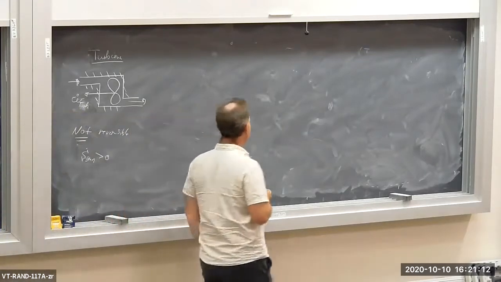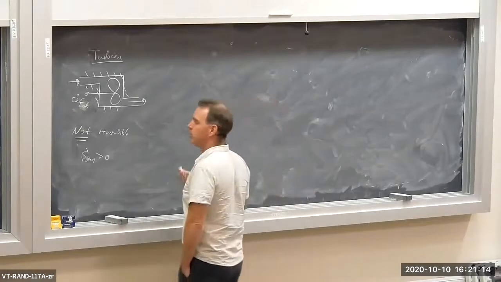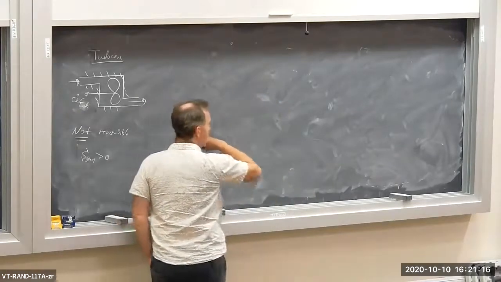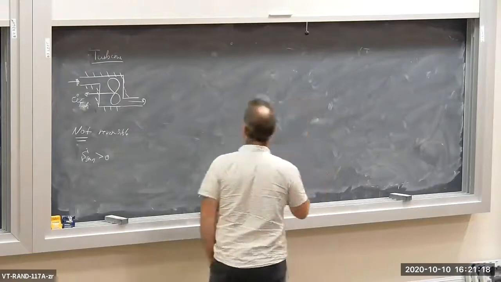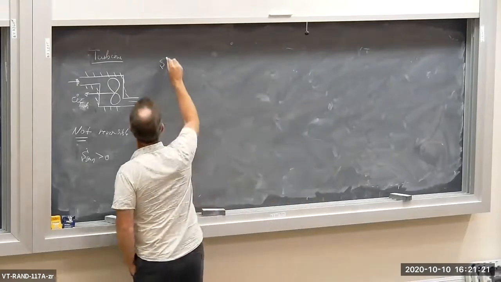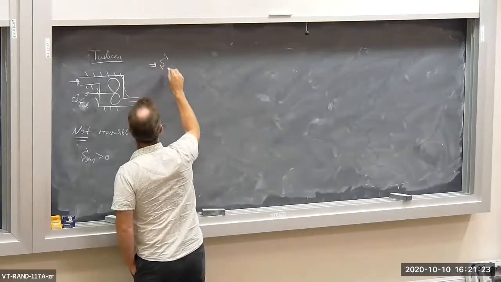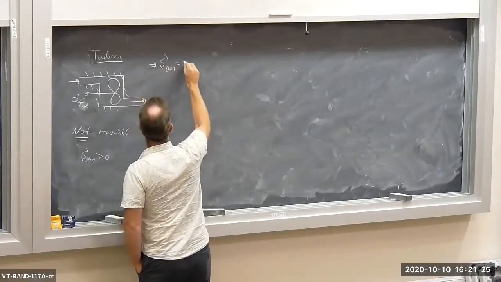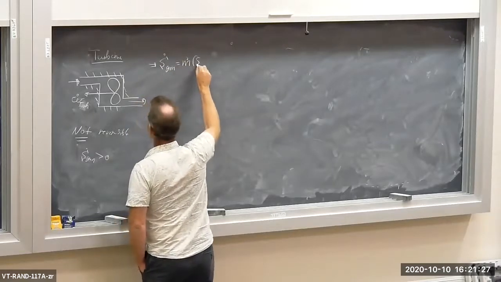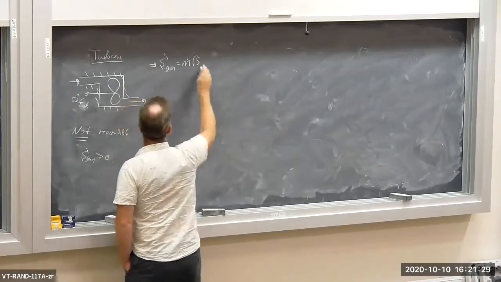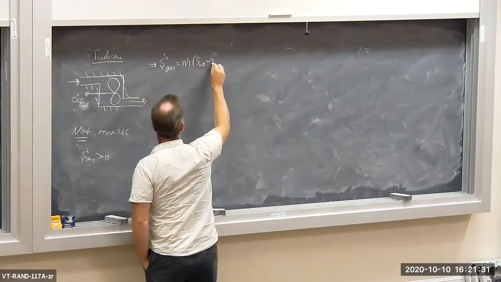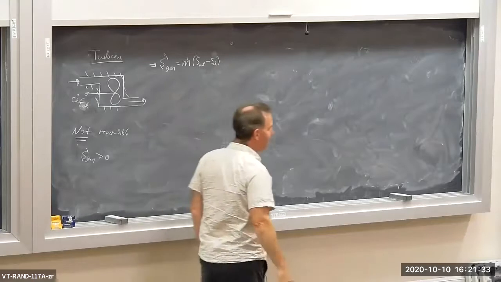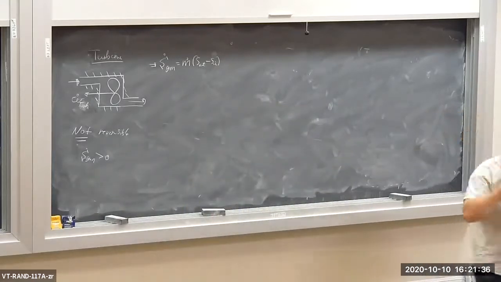Now, if you apply the entropy balance to this thing, and it's steady state, let's say, you will find that S dot gen is equal to m dot times S out minus S in. If you apply the entropy balance, there's no heat transfer, so the Q dot over T interaction goes away.